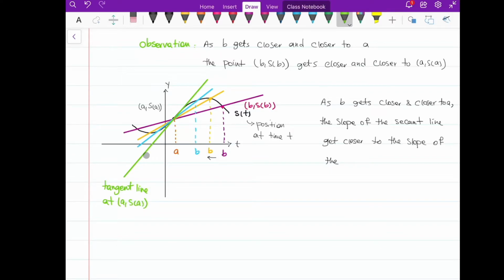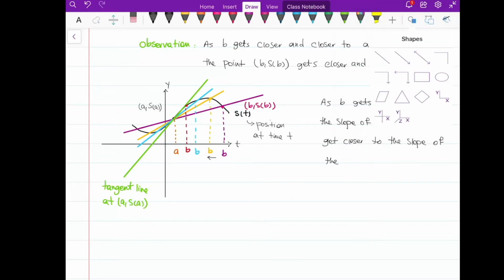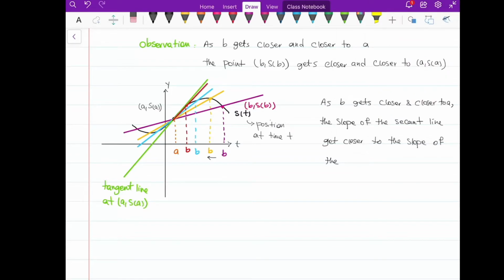Let me have one more b here, and then you will see. If b is here, then the secant line would be right there, right? You see, the slope is getting very, very close to the green line, which is the tangent line, so to the slope of the tangent line at the point a and s of a. Okay?